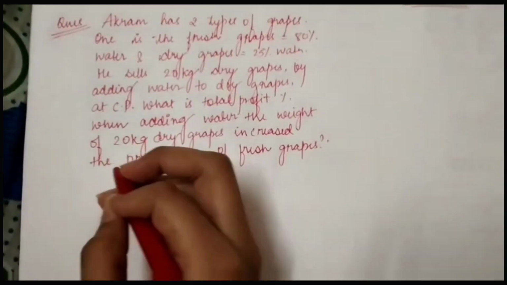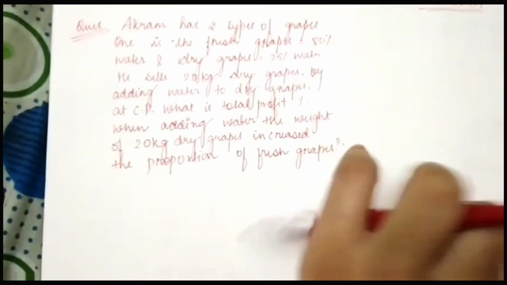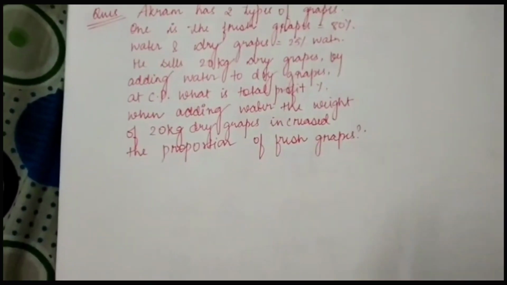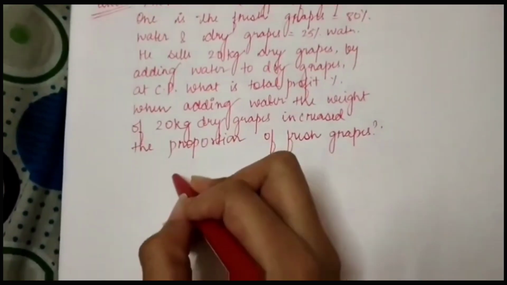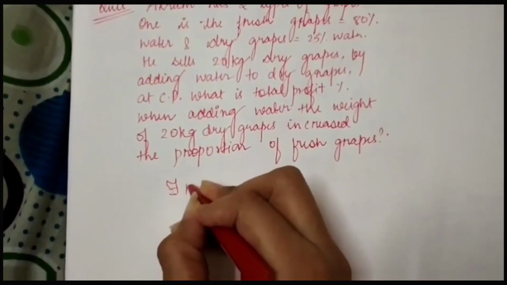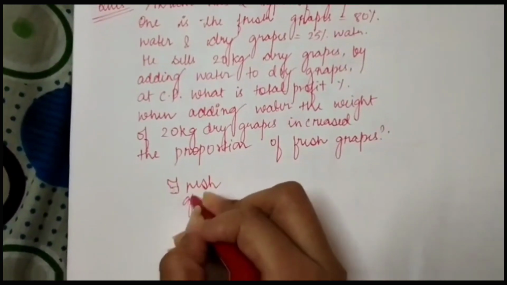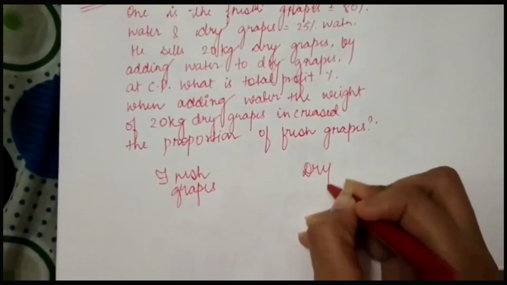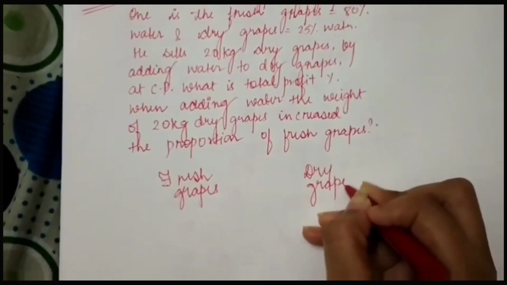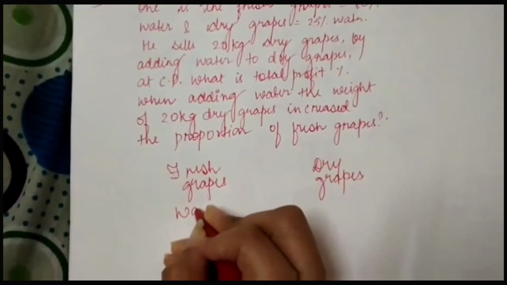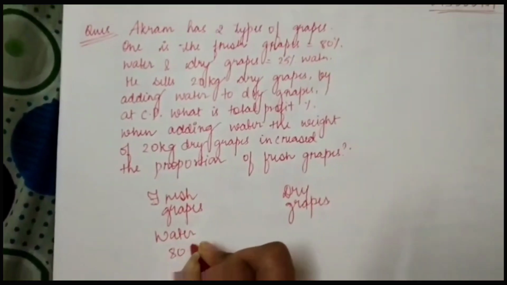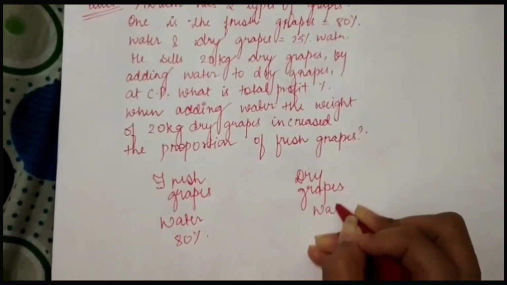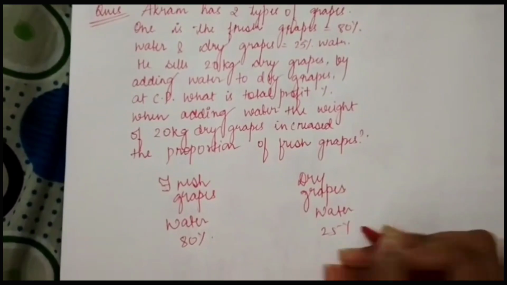So we will divide as first, the fresh grapes, and another one as the dry grapes. In the fresh grapes the water percentage is 80%, and here the water percentage is 25%.